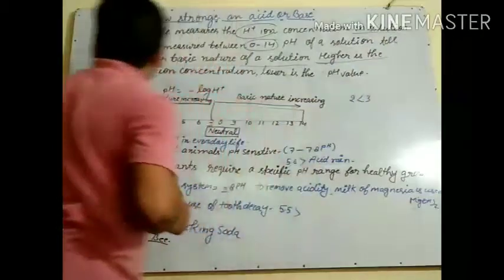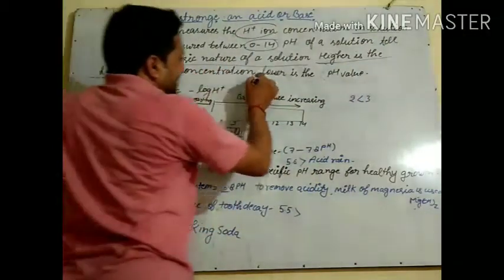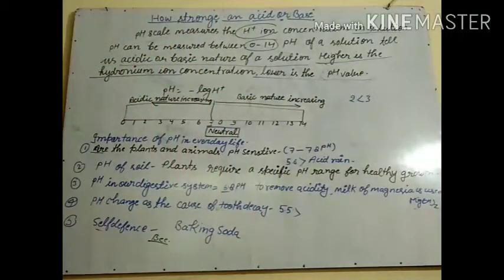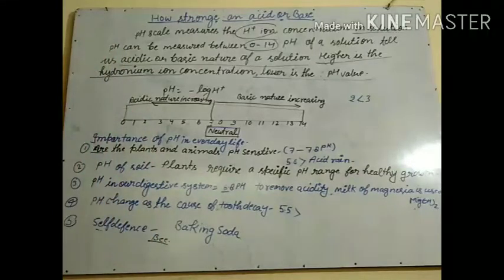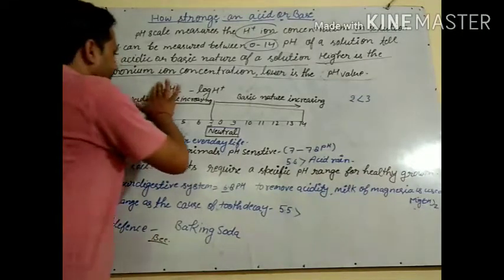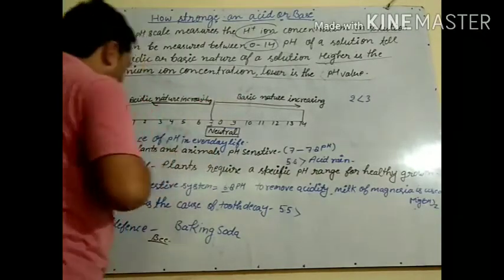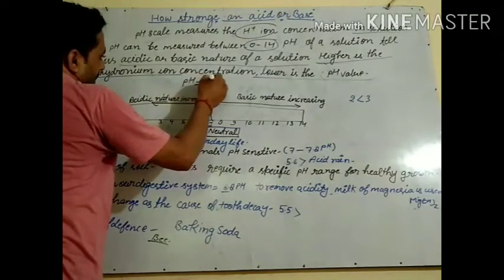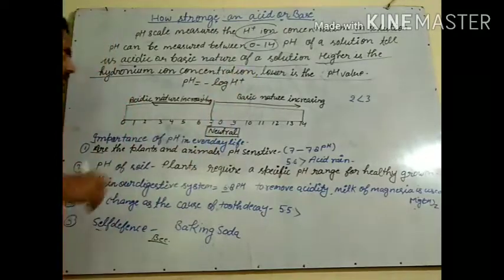Higher is the hydronium ion concentration, lower is the pH value. Means if we see the formula of pH, so what is the formula of pH? pH equals minus negative logarithm of hydrogen ion concentration.